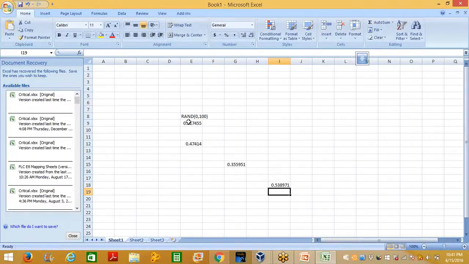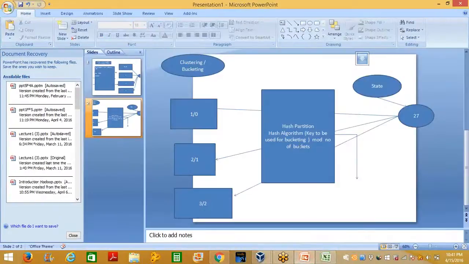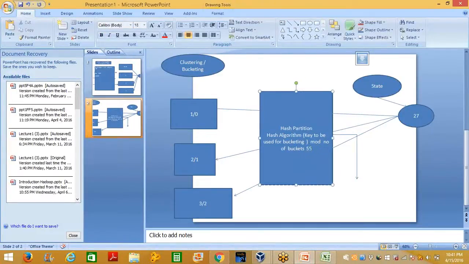it will try to give you some value. That value, assuming it is a non-integer, will be converted to a positive integer value. If I try to divide it by 3, suppose I'm getting the value 5.